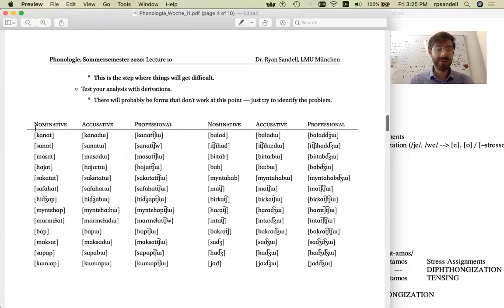So let's begin by segmenting the data morphologically, looking at the first row, which actually contains two forms. So we have kanat, kanadu, kanachu, and balad, baladu, baladju.